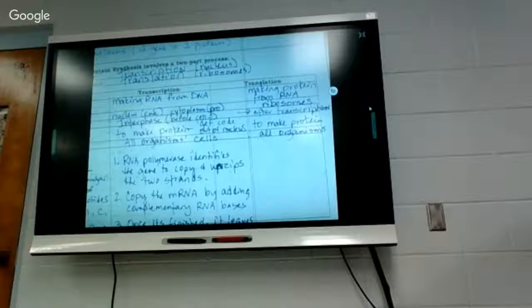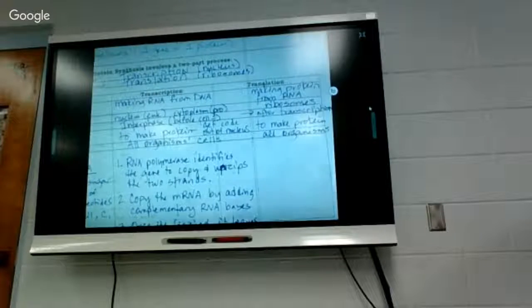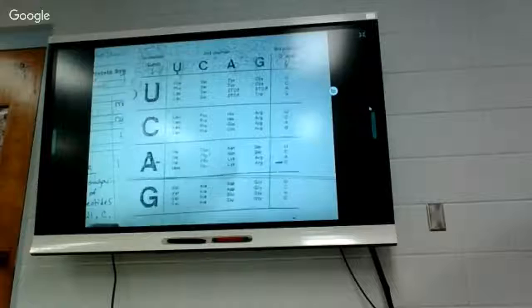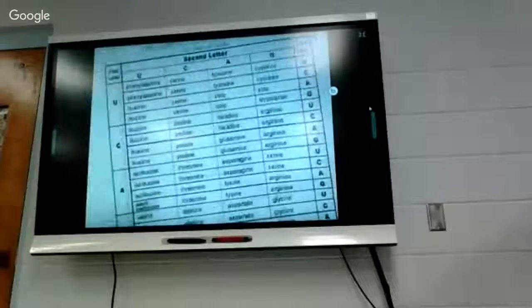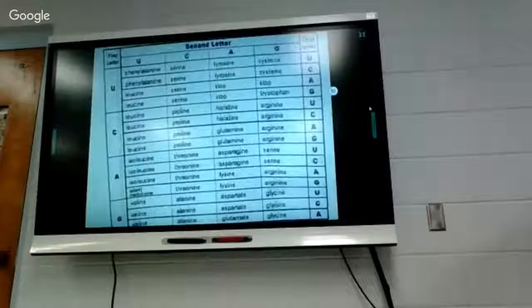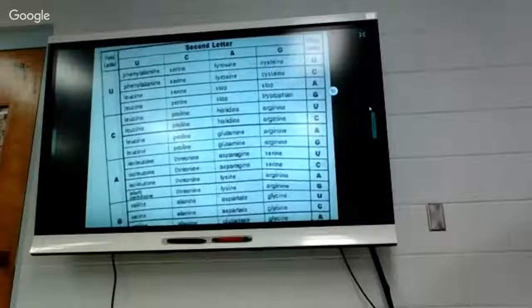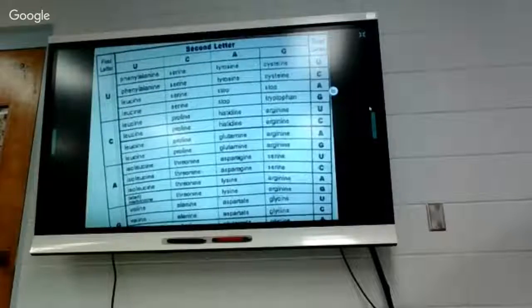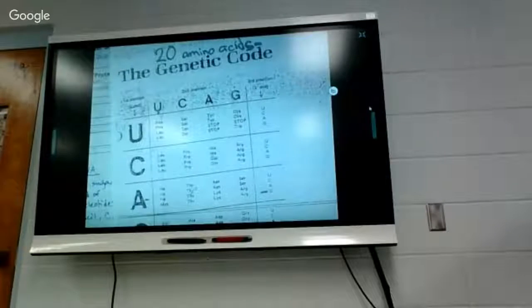Now, I ran off two copies. Each of them is the same thing. This is the short version. This is the same thing with the actual names. I don't know what you like best. This one is a little bit spread out and all the words are on top of each other.